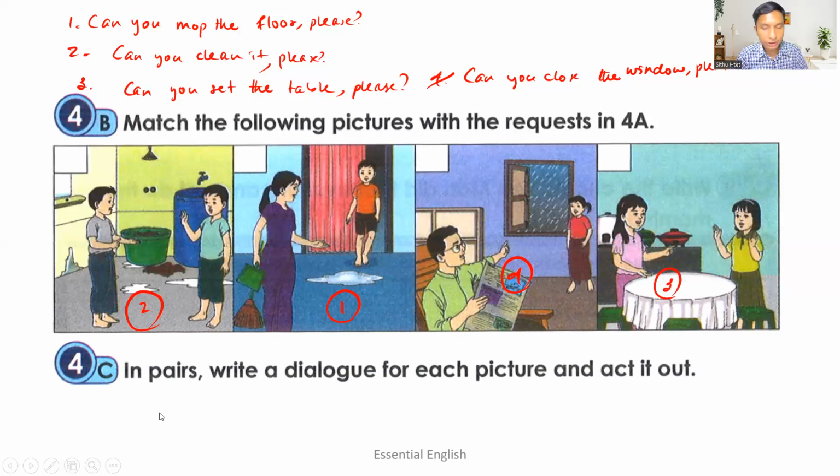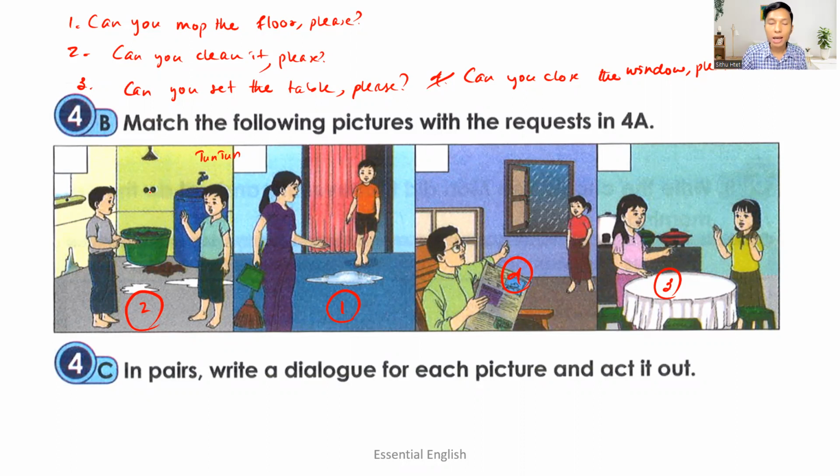Okay. Exercise 4C. In pairs, write a dialogue for each picture and act it out. So you need to write a dialogue for each picture and you need to act it out. For example, please imagine that his name is Tonton. Okay, so Tonton, can you clean it, please?